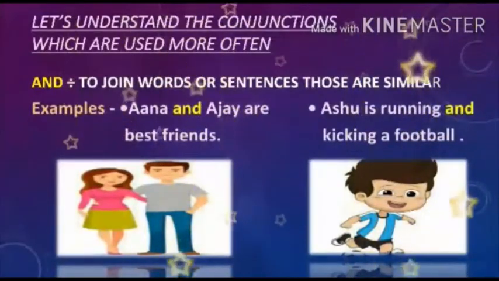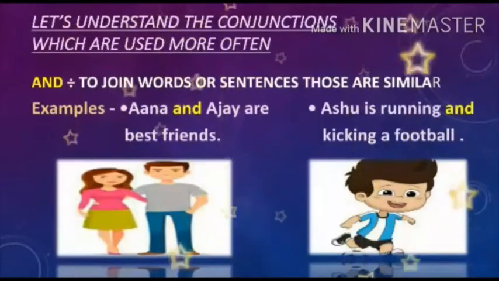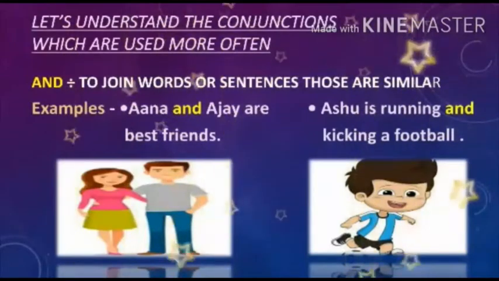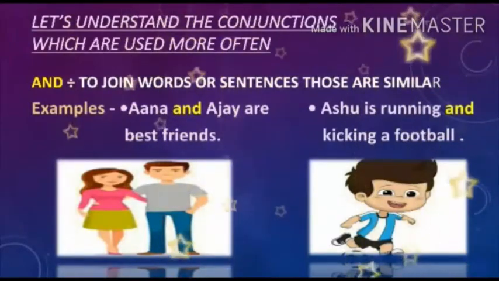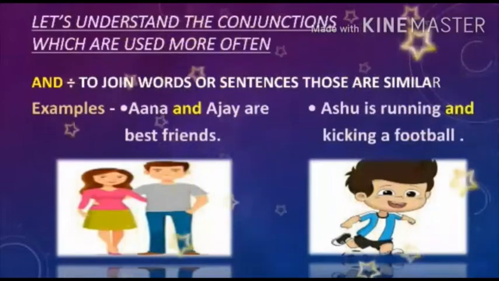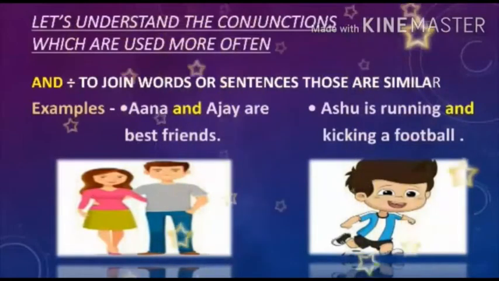First and foremost, and. And is used to join words or sentences that are similar. For example, Anna and Ajay are best friends. Here, Anna and Ajay both are similar, both are friends. That's why we are using the conjunction and to join both names.